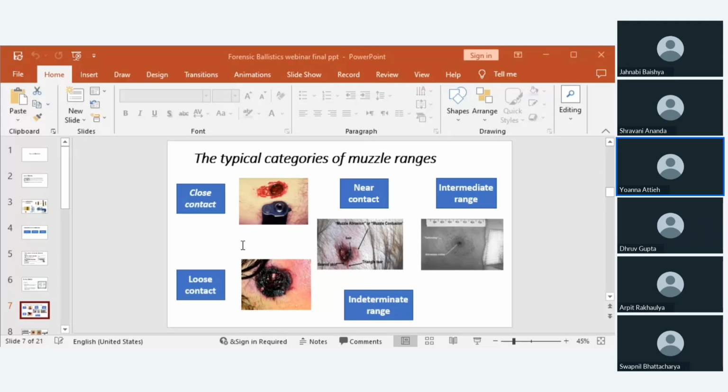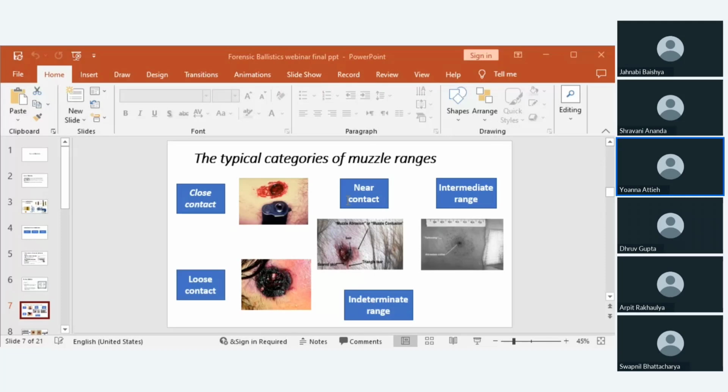Now, the loose contact: here the muzzle is very close to the skin, but not in direct contact. There may be some evidence of soot or burns around the wound, but the effects are less pronounced than in hard contact shots. Now, we're going to talk about near contact.